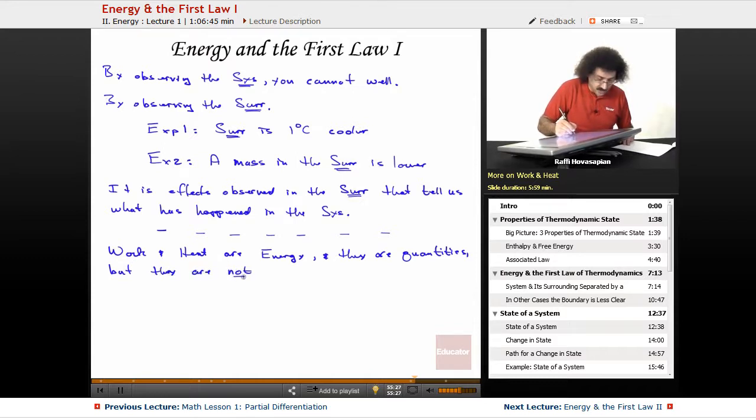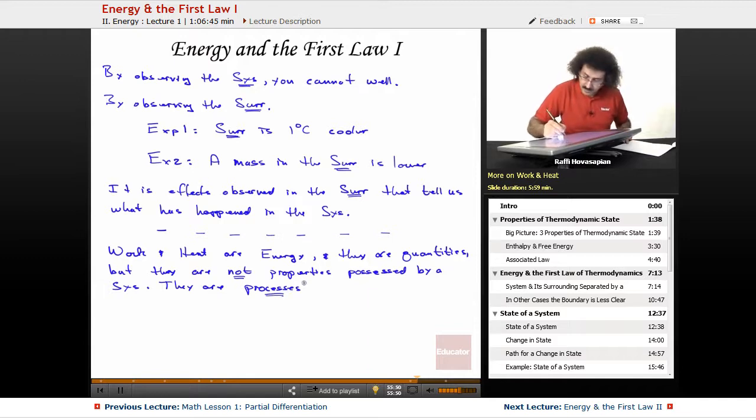But they are not properties that are possessed by a system. They are processes by which energy is transferred.